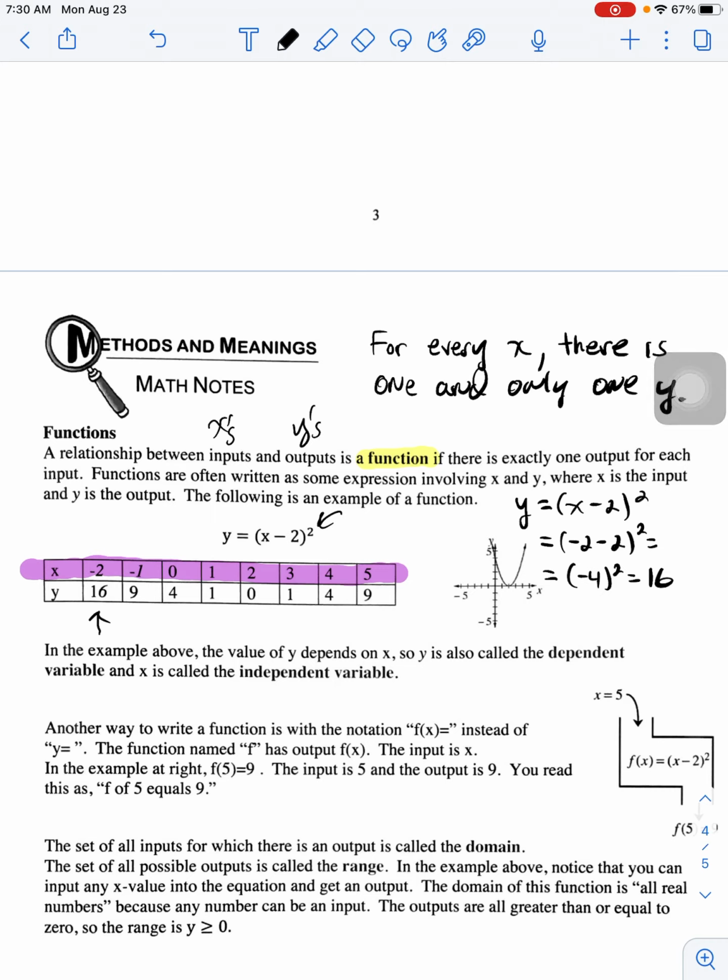And I'm not going to go through every single one of these. If I were to do -1, I would have -1 minus 2 squared, which would give me -3 squared, which gives me a positive 9, and that's where that 9 is coming from.